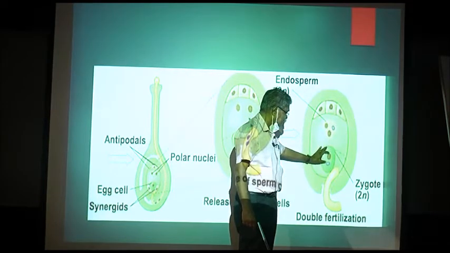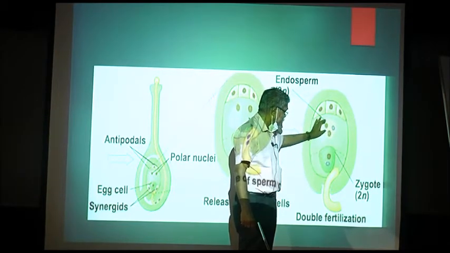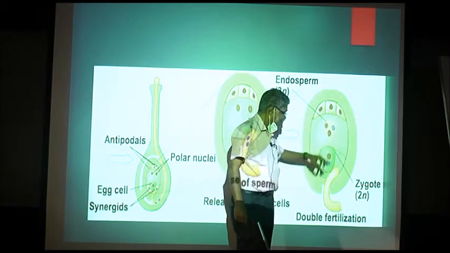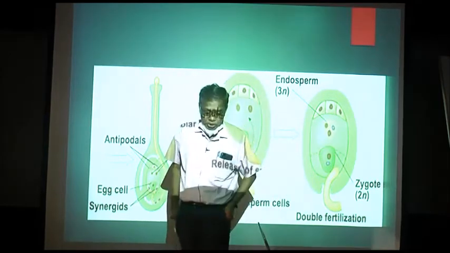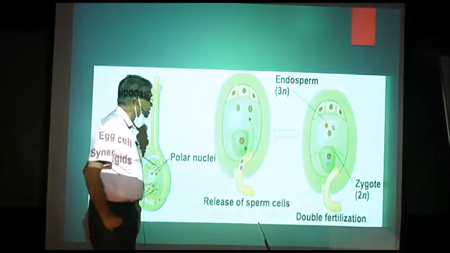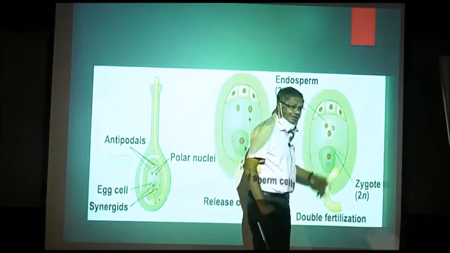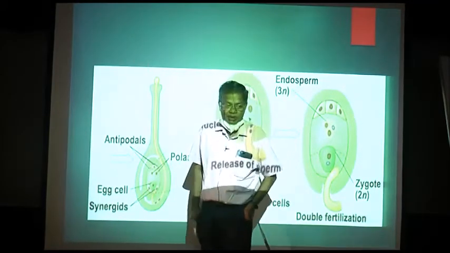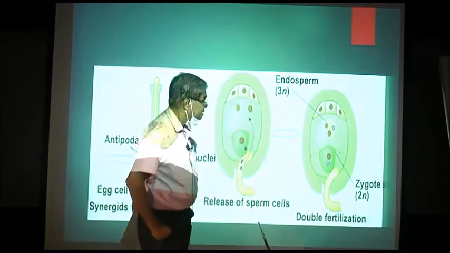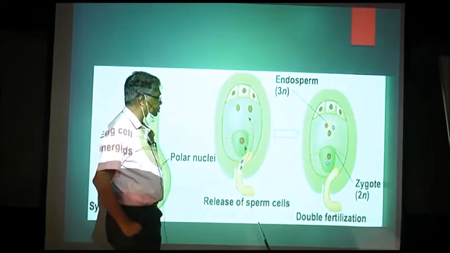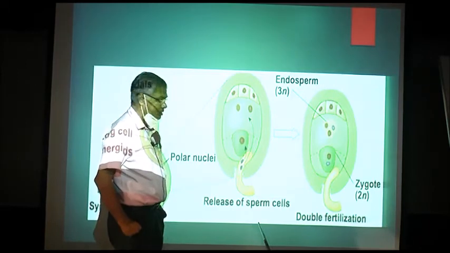This is after fusion zygote, and this is the 3 nucleate structure which becomes triploid, 3N. This ultimately develops into endosperm, which provides food to the developing seed.